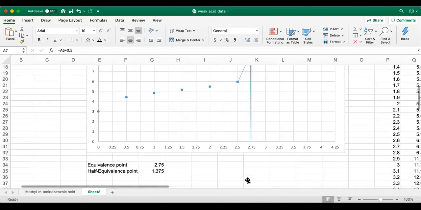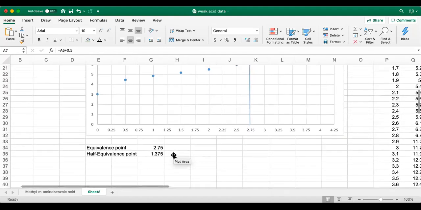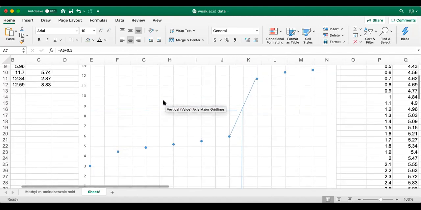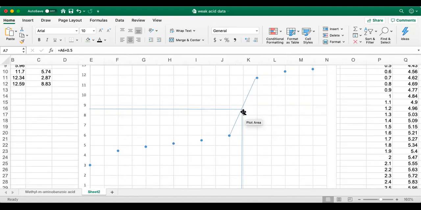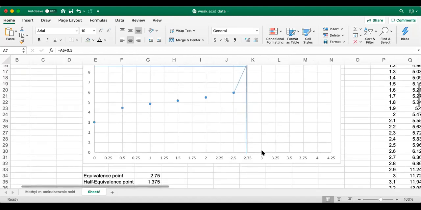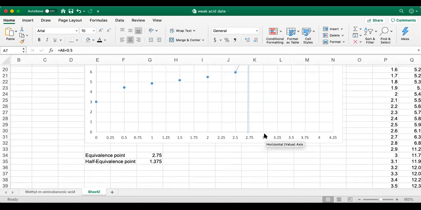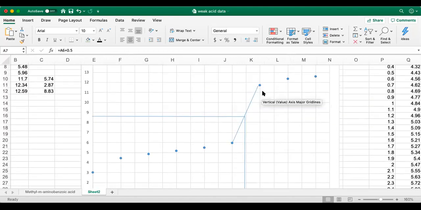And then you could go back here at 1.3 and estimate the pH at that point for your half equivalence point. Again, this is not a great estimation because the 0.5 milliliter difference between the 2.5 and the 3 gives a huge jump.